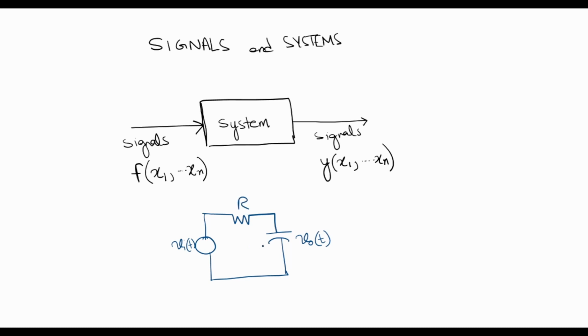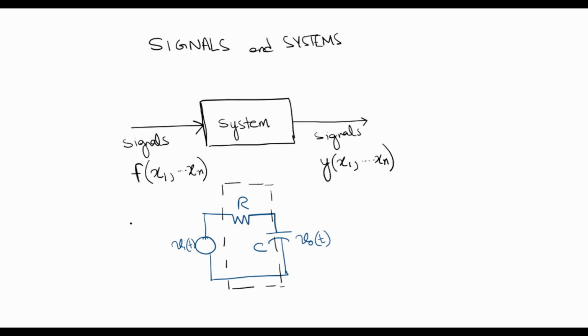This is a resistance and this is a capacitor. This can be assumed to be a system. So we provide it an input Vi of t and we take this output V0 of t.